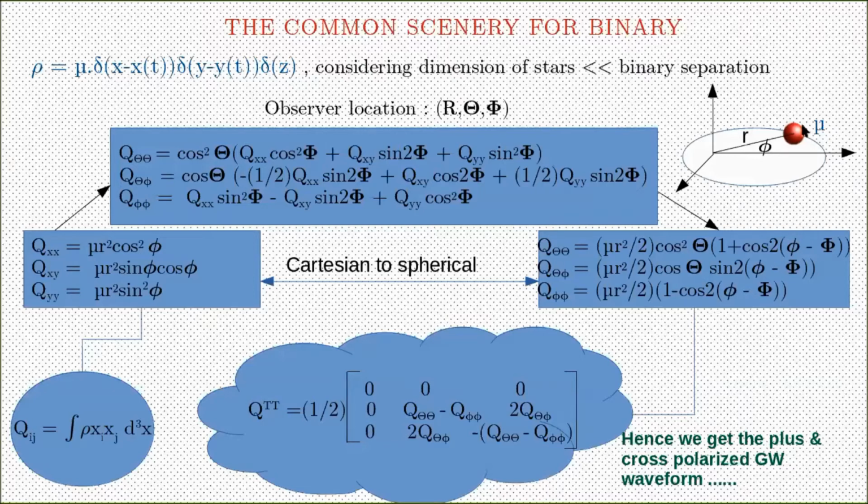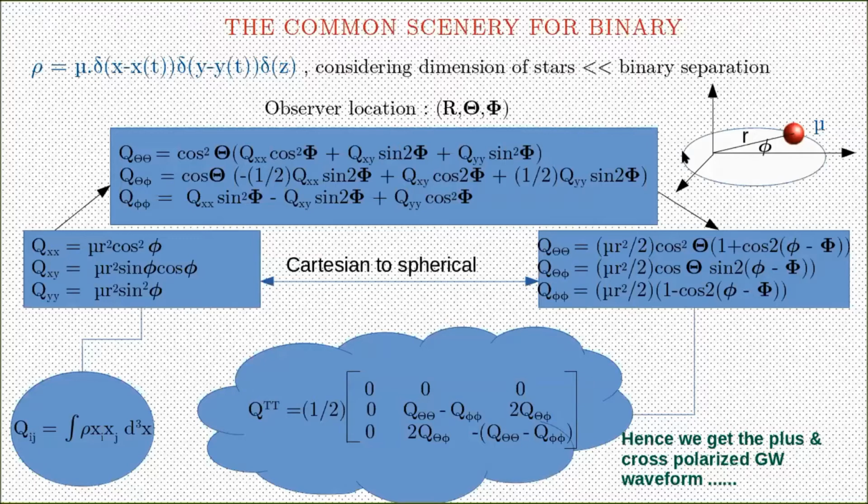So we can visualize that system from the center of mass frame as a reduced mass rotating around the center of mass with the separation as the actual separation between the two masses. So we think of it as the mu rotating in a circular or elliptical orbit with radius r with phi as the polar angle in the xy plane.